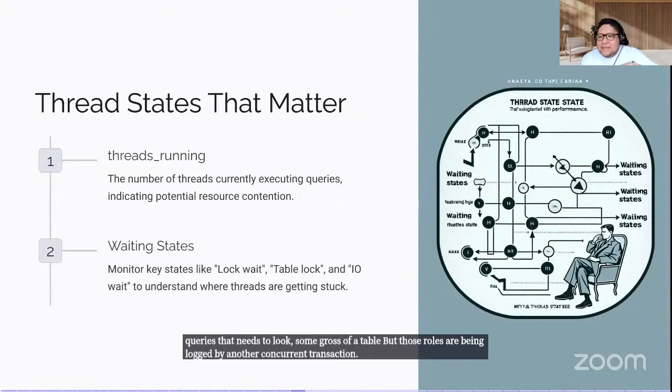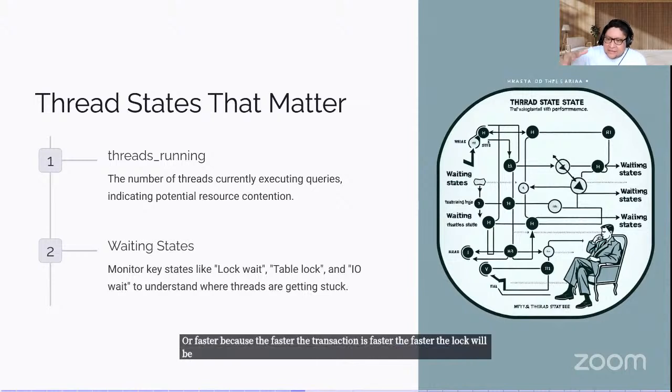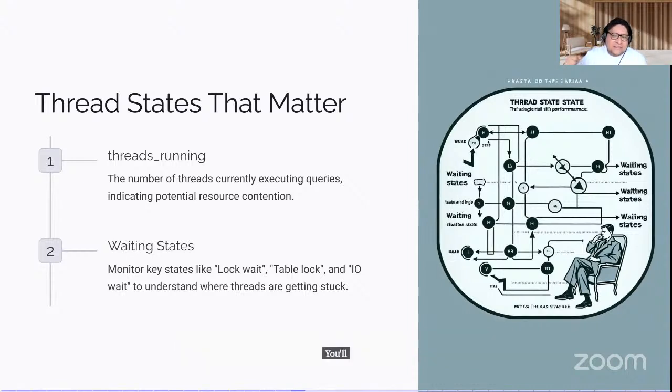And this is why it's important that transactions need to be small, or faster, because the faster the transaction is, the faster the lock will be released, and then the other query that is waiting will acquire the lock faster. So everything is related.